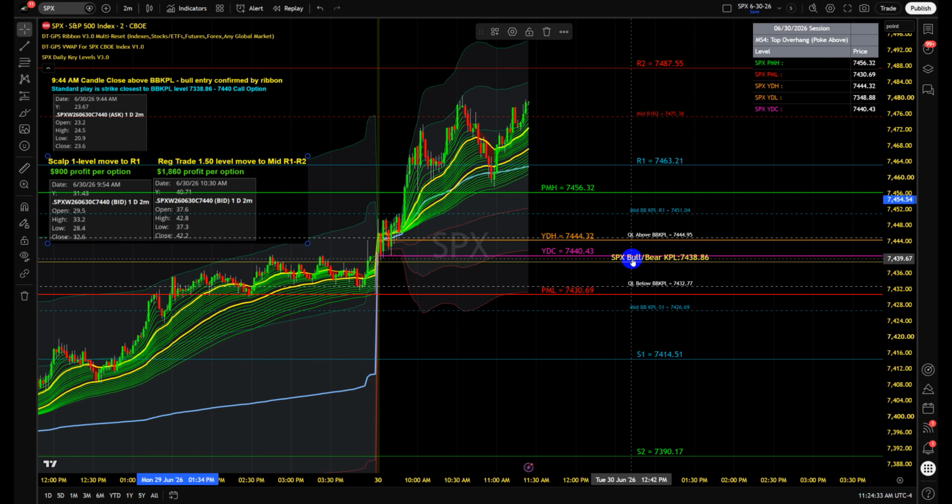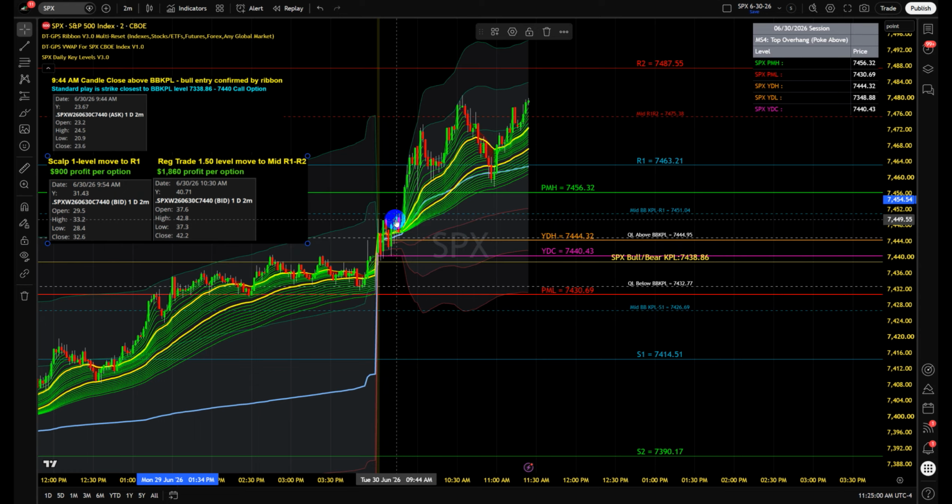In this case, the bull bear KPL. However, with this indicator, you could also choose to either use the YDH or the YDC level, the two contextual levels, as it is also closing above those levels and also has the ribbon confirmation. So the candle close above the main key level or contextual level is your initial entry signal.